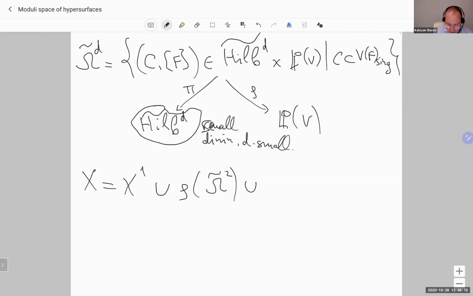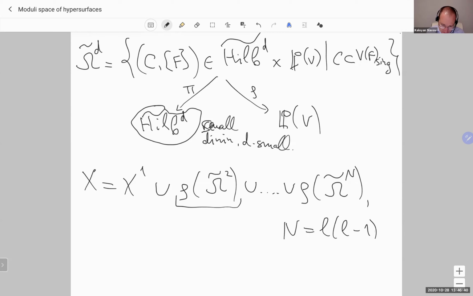What is rho of omega tilde 2, the image under the second projection? These are all hypersurfaces whose singular locus contains a one-dimensional subscheme in Hilb tilde 2. And so on, and so on, up to rho of omega tilde n, where n is N.